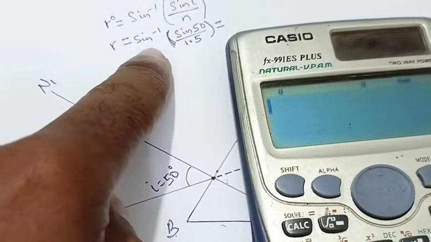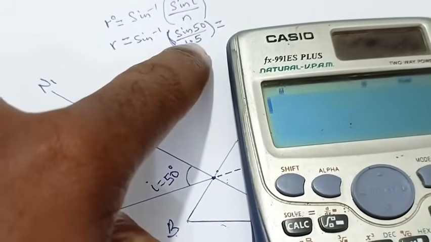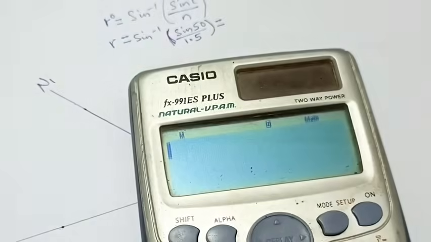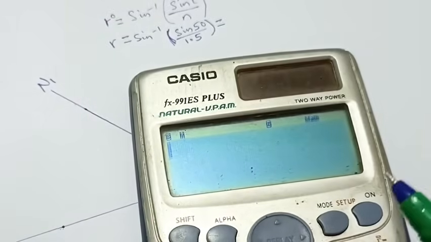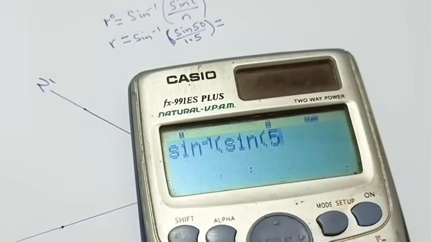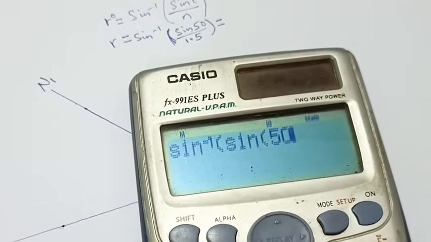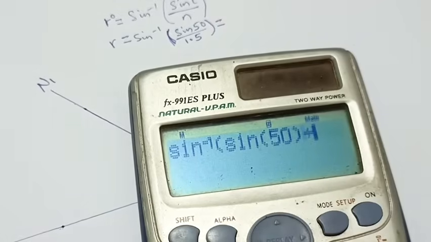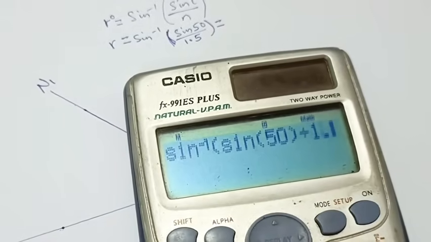Press sine inverse of sine 50 over 1.5. You can press it once with your calculator if you want. Shift sine if you're using this calculator. Then sine 50. You can see that 50 now. It was not closed, so you have to close it before you divide by 1.5.